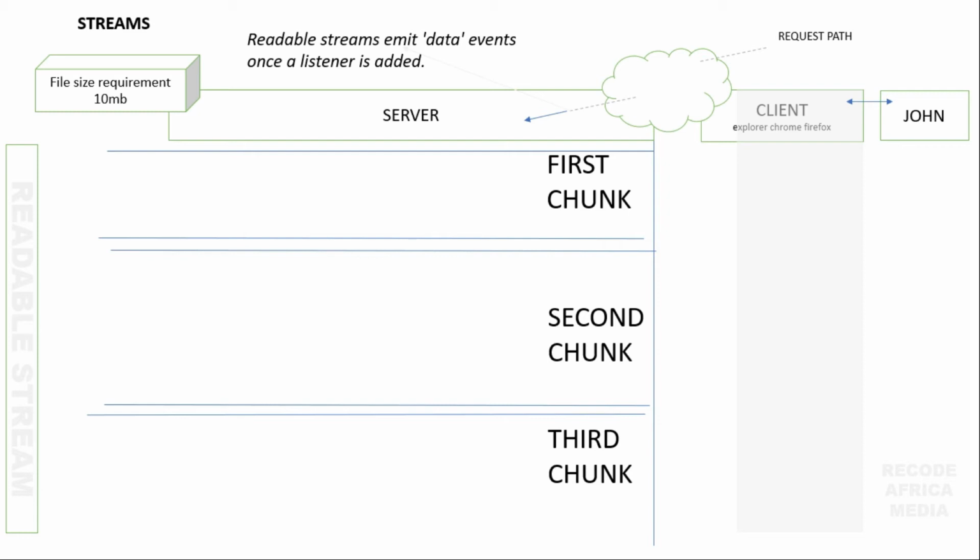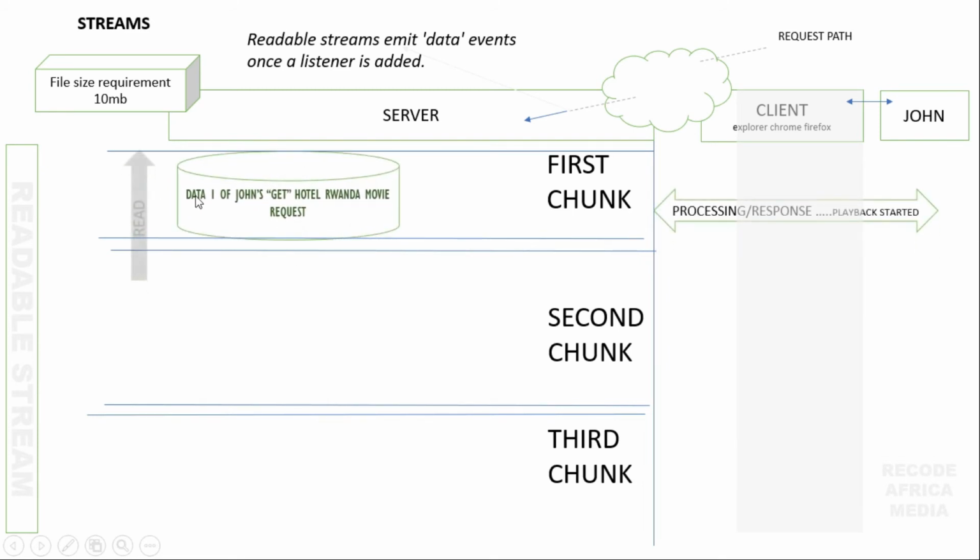Now, for instance, the same narration. John makes a search and see what happens. The first chunk is received and is read, and as it's been read, you can see that the response has already started. John has started watching the movie. It doesn't wait until everything is read into memory.